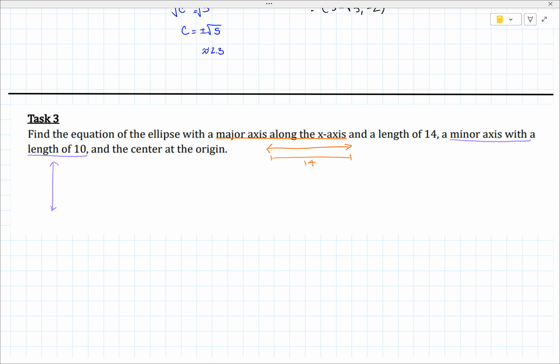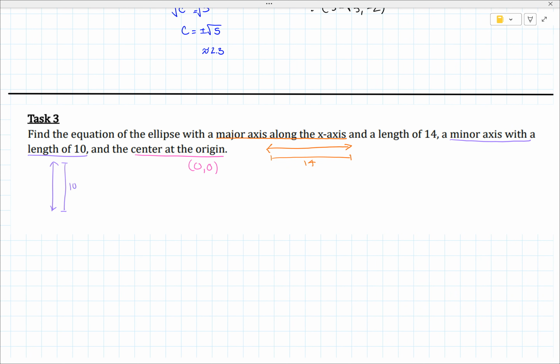So that one I know is going up and down, and the full length of that is 10 units. Our center is at the origin, which means our coordinate is 0, 0. So using that information, try to figure out the a and the b value and put it together as an equation. Go ahead and pause and check when you're done.